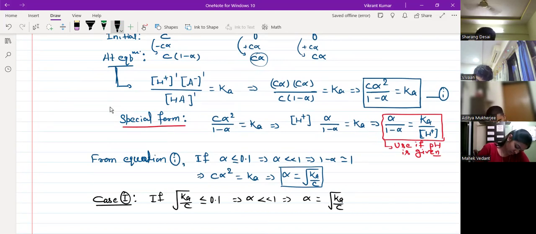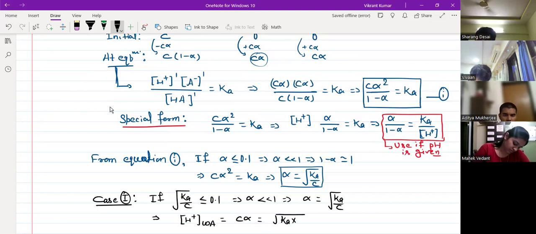We take this, and then we check that H plus from acid, since this is a weak acid, that is C alpha, will become under root K into C. Once, we have to check if it is greater than 10 raised to minus 6 or not.